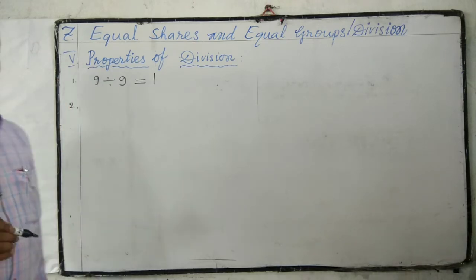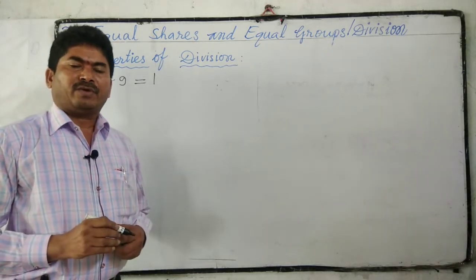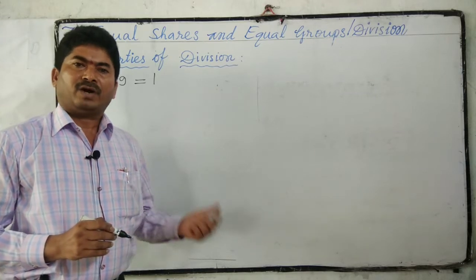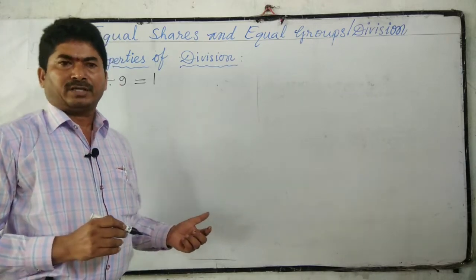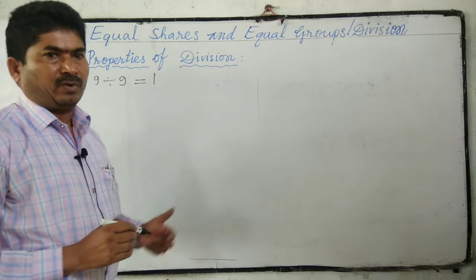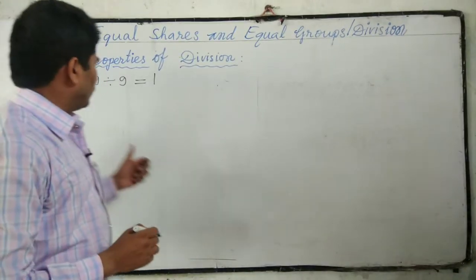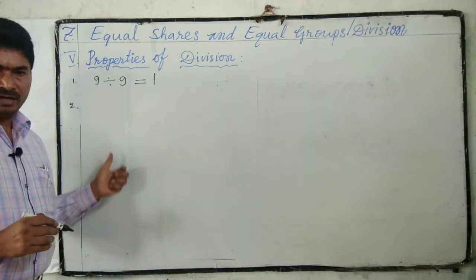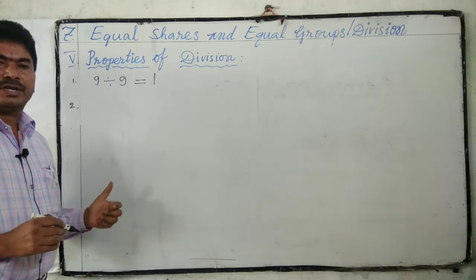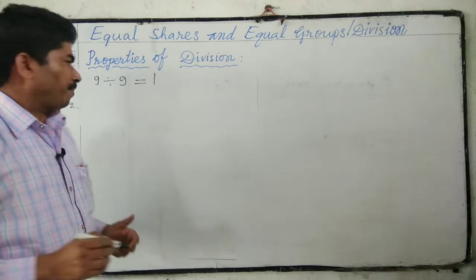Next, the second one. When a number is divided by 1, the quotient is the given number only.